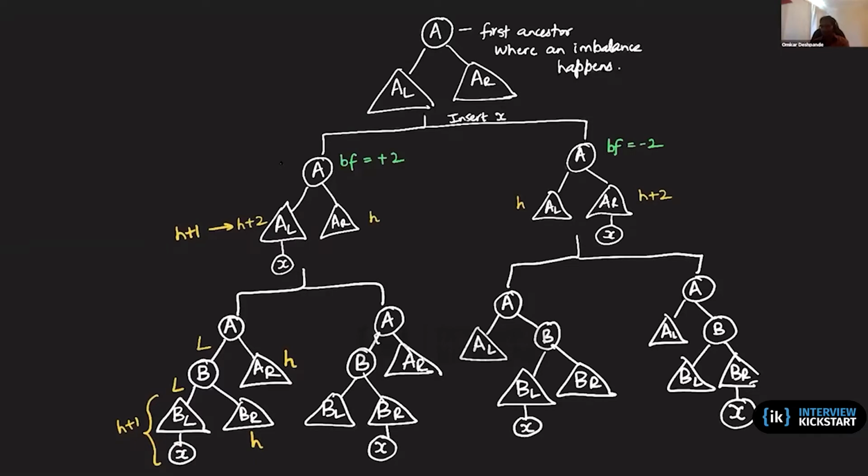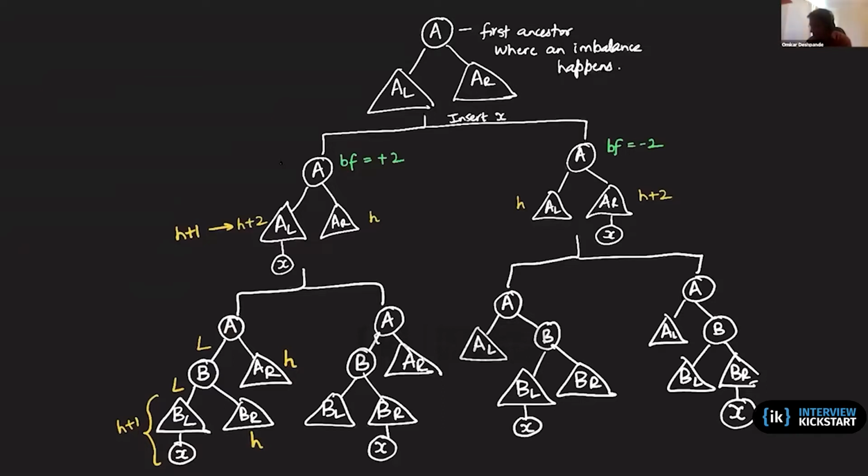Now, if that makes sense, let us see what happens if we repeated the LL rotation. Remember what the LL rotation was? This was G, this was P, this was X. We just rotated in that direction. That means B is going to push A to go down and rise up itself.